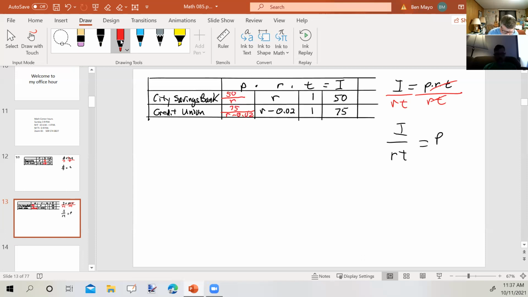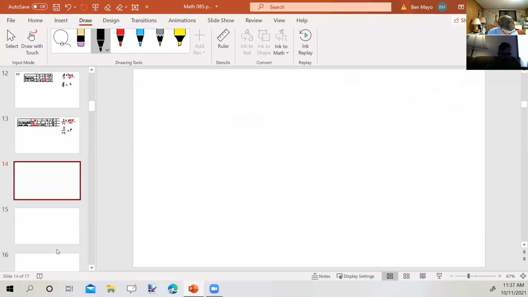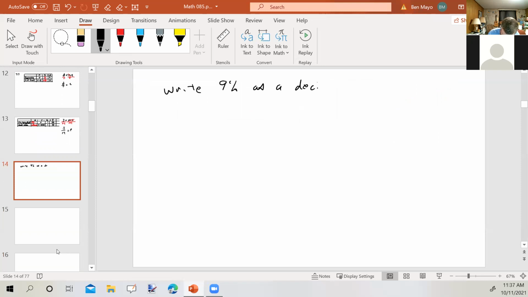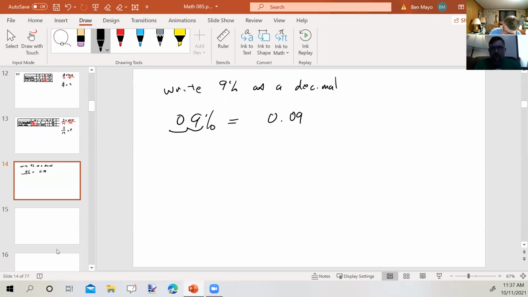Okay, let's do a little review of converting between percents and decimals. So write 9% as a decimal number. So 9% would be 0.09. You move the decimal point 2 places to the left, drop the percent sign.